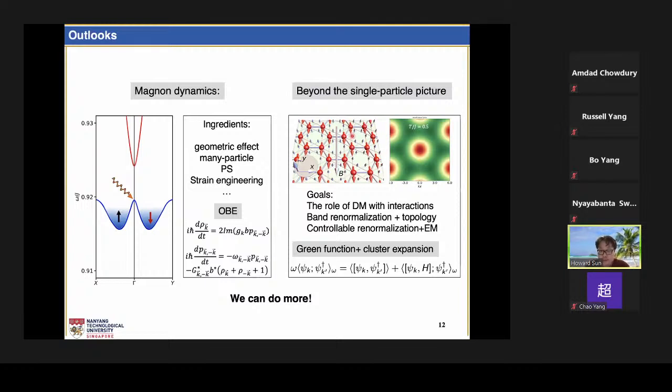So the goal is to study the role of the DM interaction. This is a single-particle term, and with the interaction, there could be different results for this system, and also the boundary renormalization by the interaction, which couples to the topology, will also have plenty of physics.